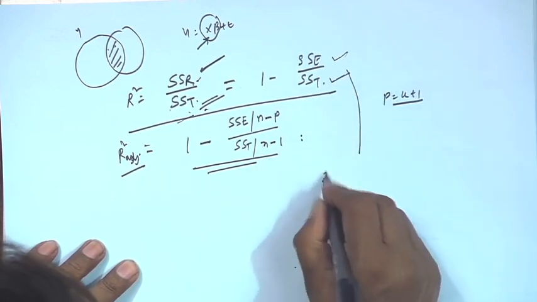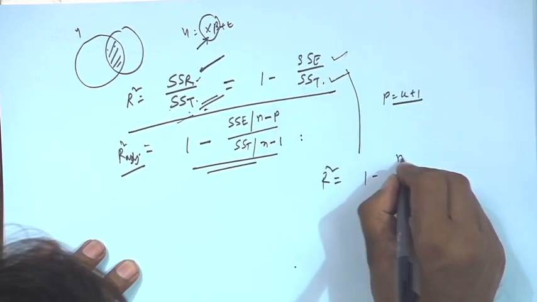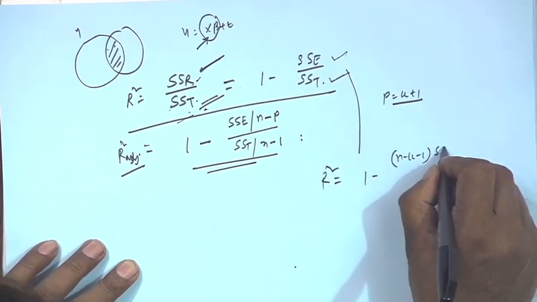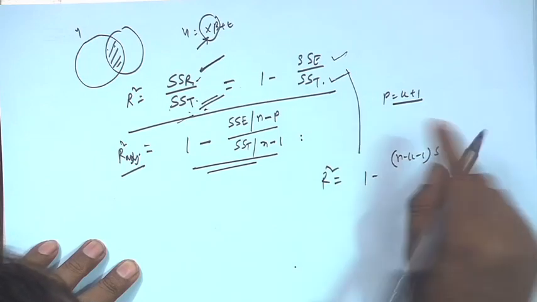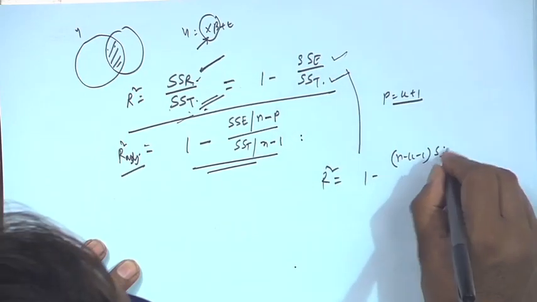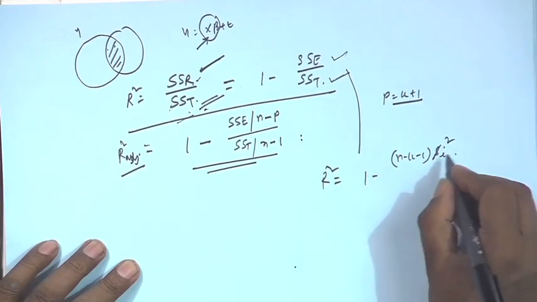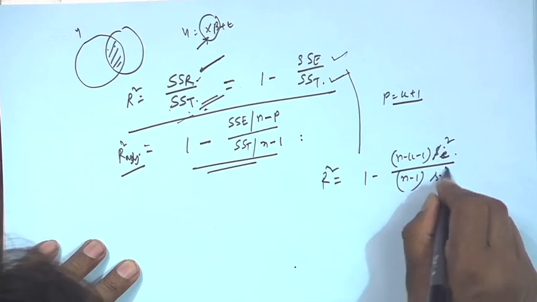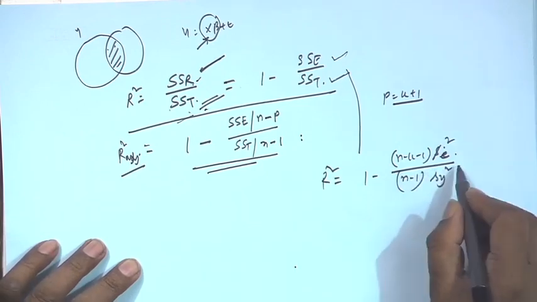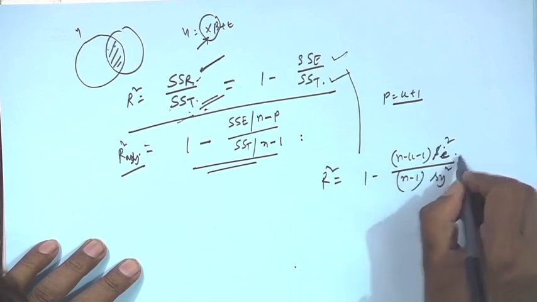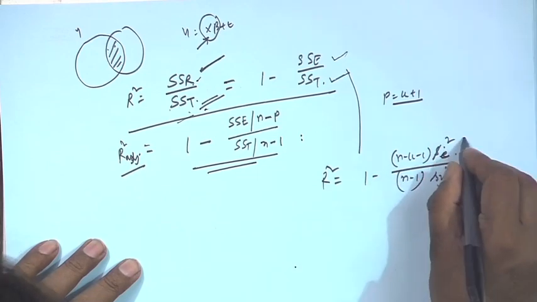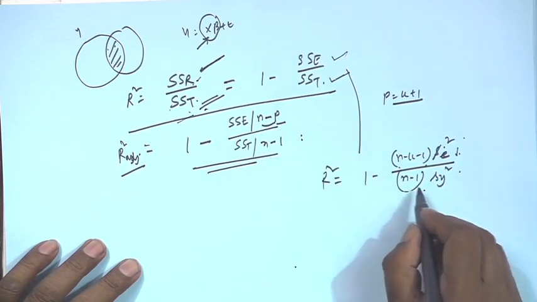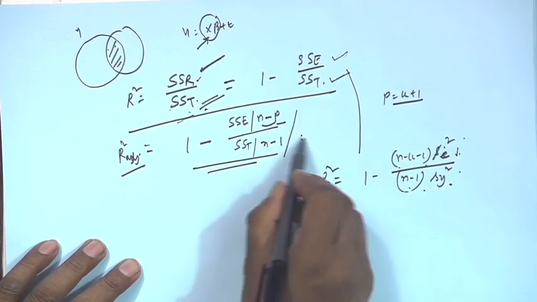R square I can write as 1 minus SSE, which is n minus k minus 1 into sigma hat square, which you have seen earlier. Similarly, SST you have seen is n minus 1 into Sy square. Now, if you divide this by its degrees of freedom n minus k minus 1, or n minus p, and this by its degrees of freedom, you get this one.